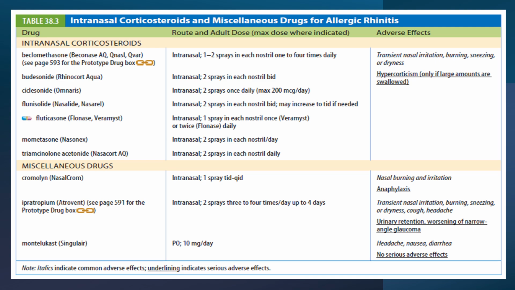Intranasal corticosteroids, however, produce virtually no serious adverse effects. Because of their effectiveness and safety, the intranasal corticosteroids are often first-line drugs in the treatment of allergic rhinitis. Some of the corticosteroids are also administered by inhaler for the treatment of asthma.